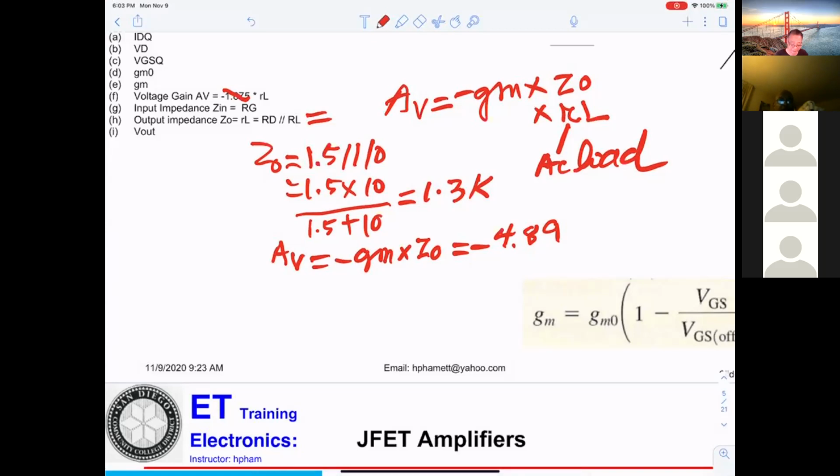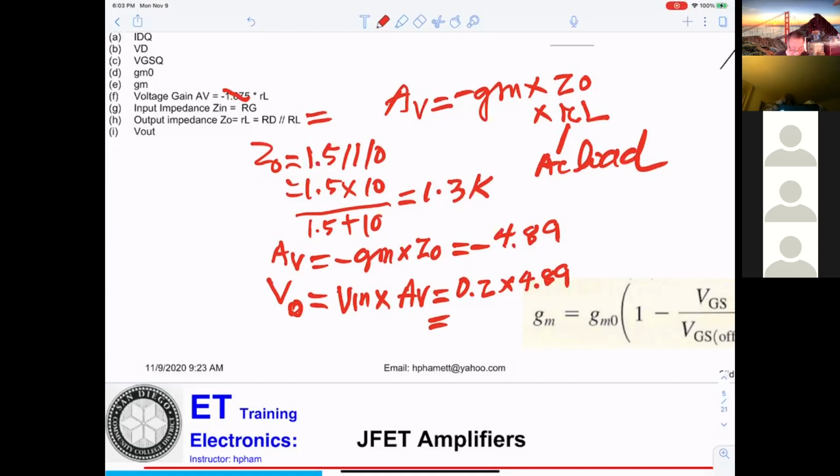Okay, V out equals V in times the gain. V in is 0.2, I believe, times 4.89. For the AC, we're not using the negative, okay? 0.978, so 0.98 would be fine.